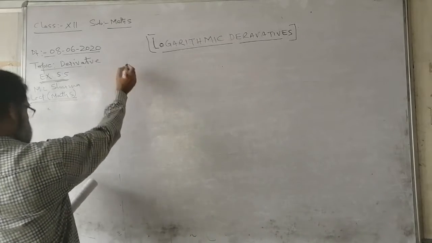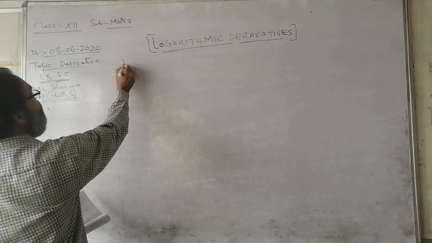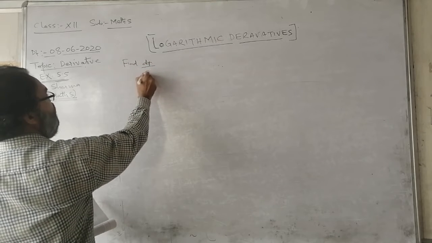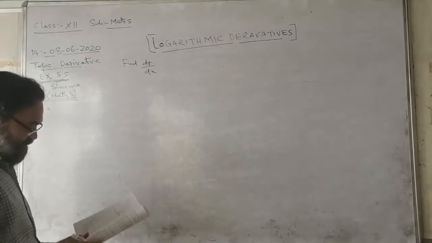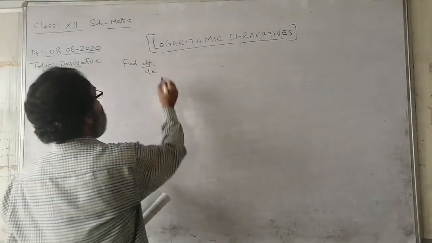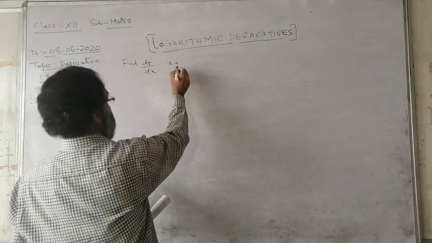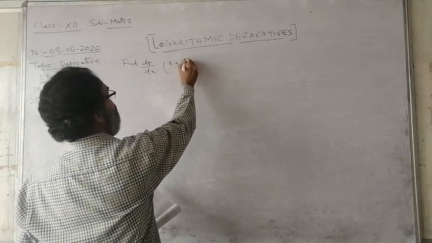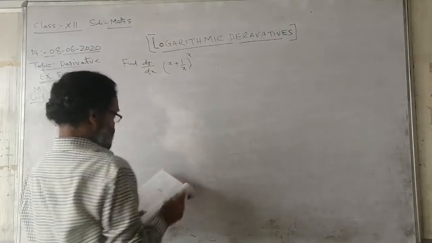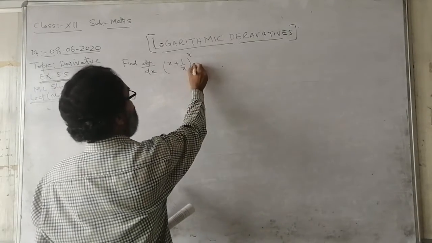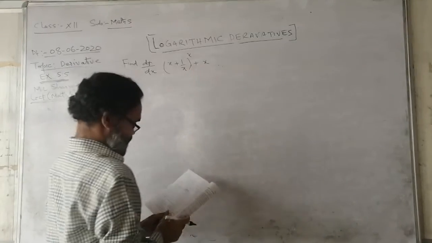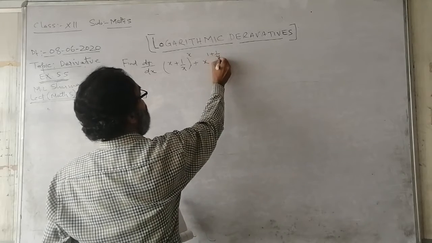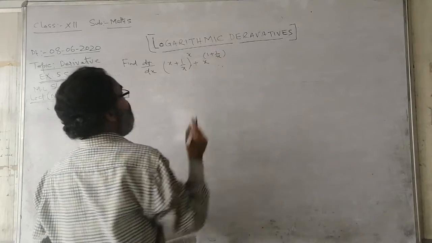Question is, you have to find dy upon dx of x plus 1 upon x raised to power x plus x raised to power 1 plus 1 upon x.